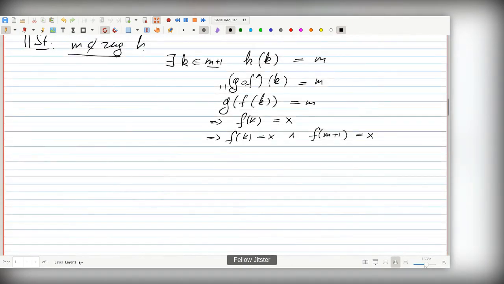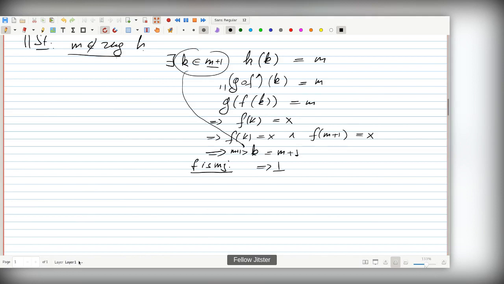As f is injective, we see that k equals m plus 1. But on the other hand, k was strictly less than m plus 1.